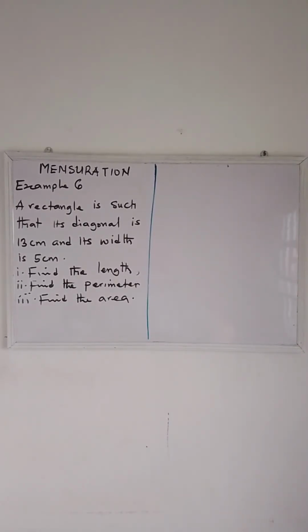And others. Okay, what do you have for that? What is the length? Okay, Joseph, your length is 12. Okay, what of your perimeter? What is the perimeter? What do you have?